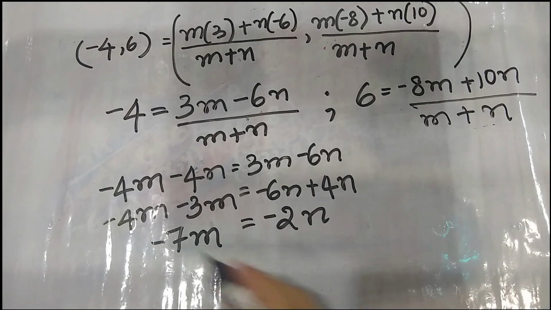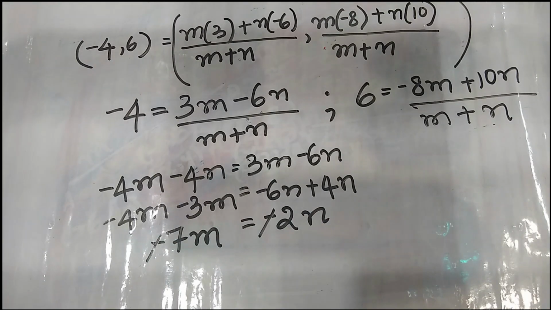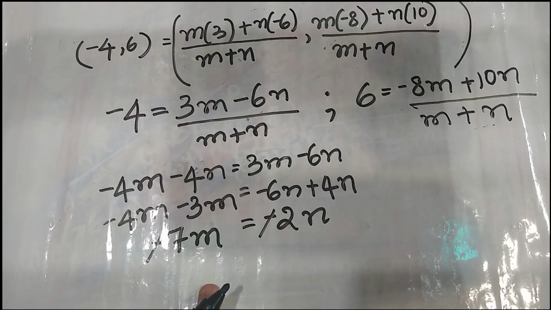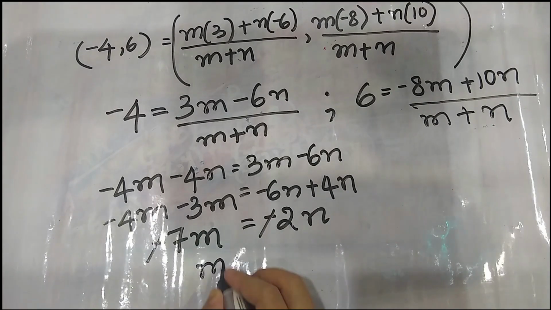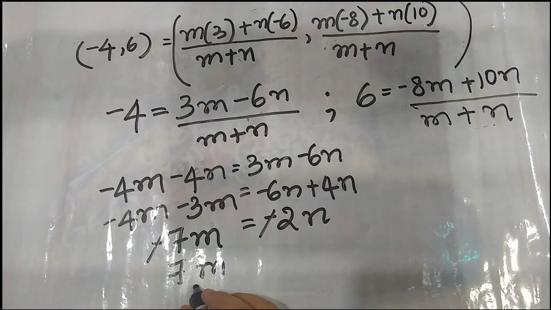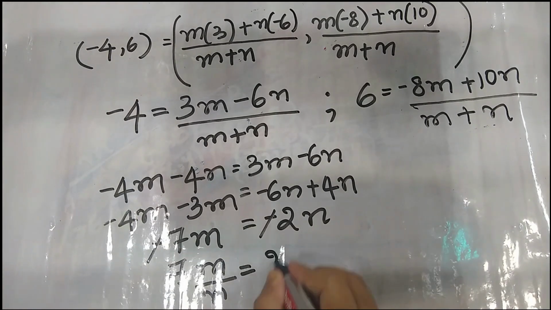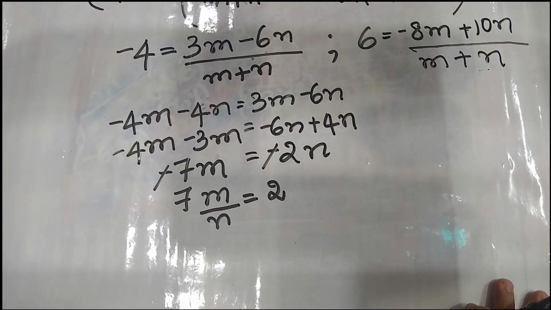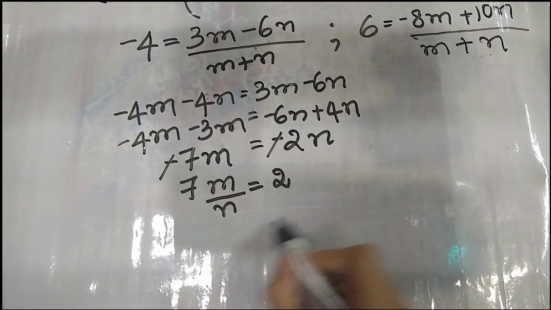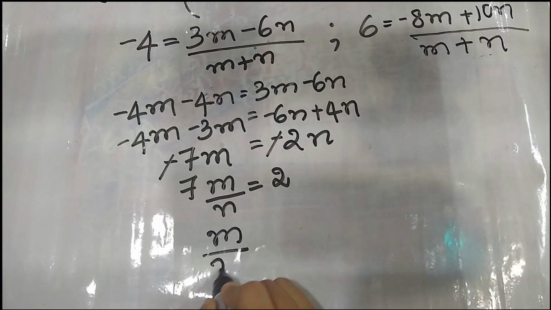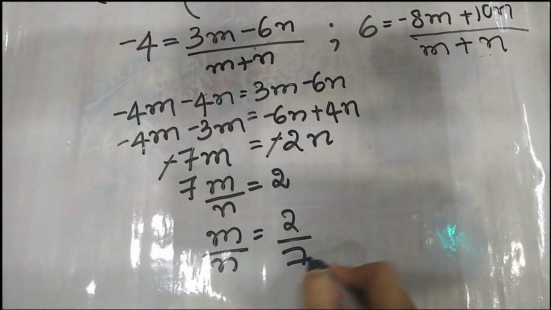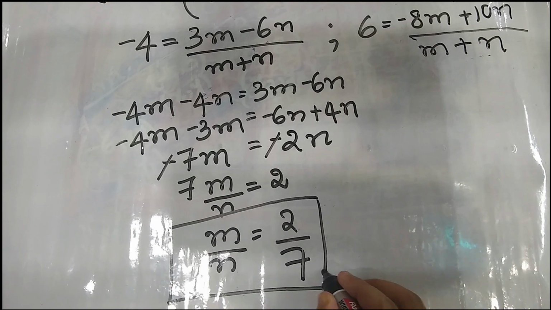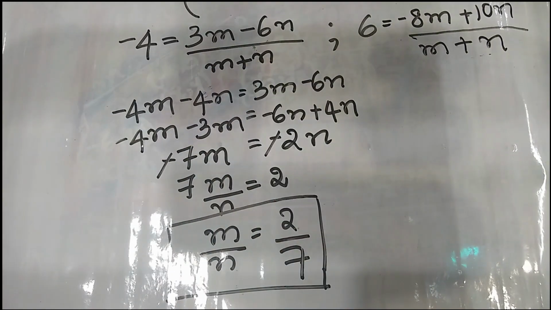So on both the sides we have negative, that can be cancelled out, right? And we have m n, right? So we can bring this here, so 7m divided by n is equal to 2, right? If you just take this 7 down here, we get m by n is equal to 2 divided by 7. So this is the m by n ratio we got from the x coordinate.